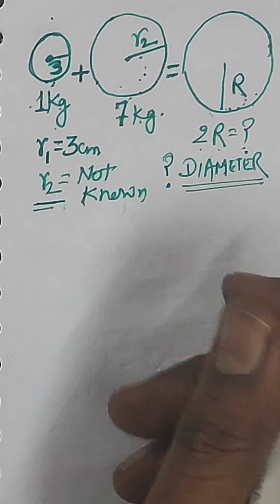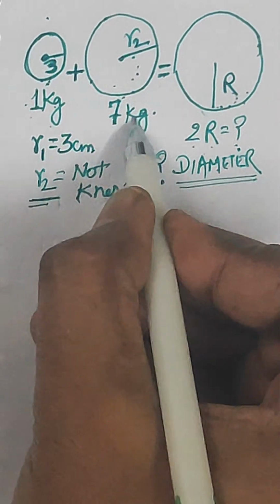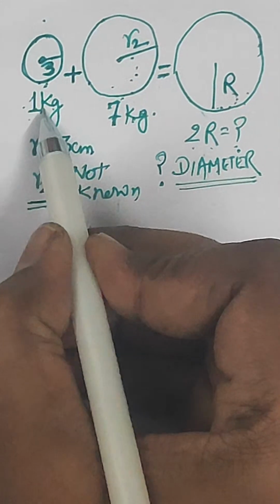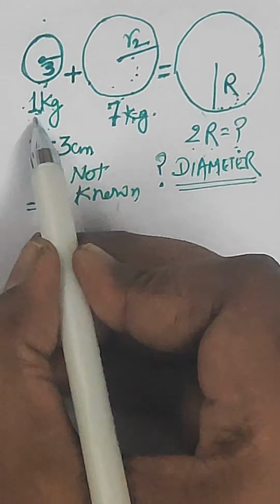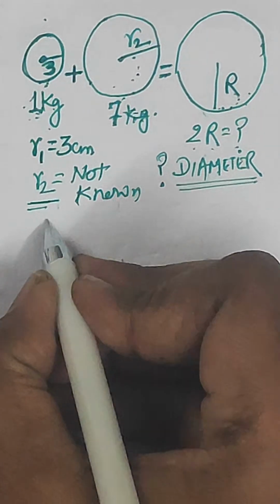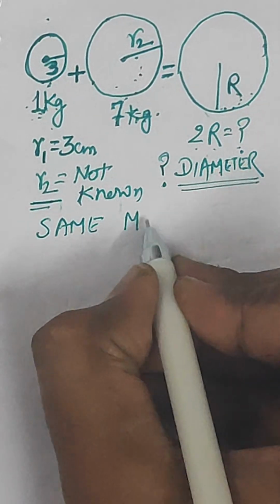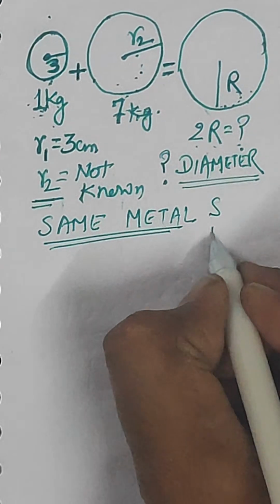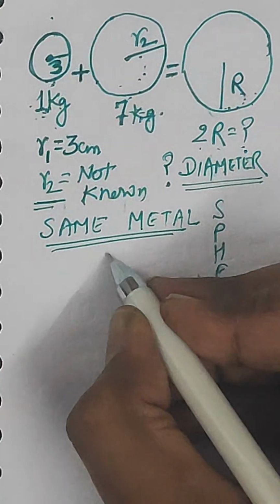The only data which stitches the things together is this weight, 1 kg and 7 kg. The mass of both the spheres is known to us, and it's also given that these are made of the same metal.